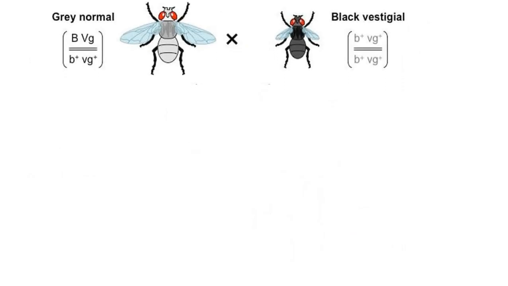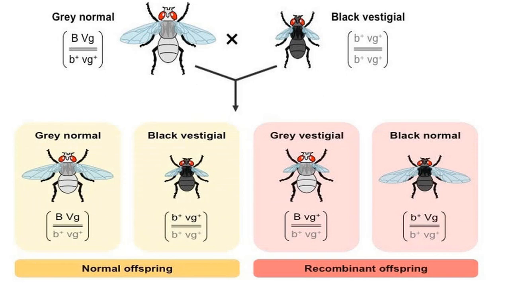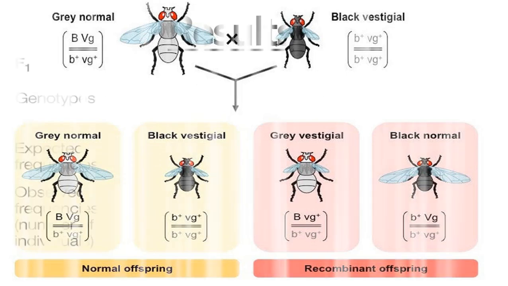When this gray body and normal wings fly is crossed with a homozygous recessive for a test cross, we have four phenotypes. Two phenotypes are parental offspring and two phenotypes are recombinant offspring.